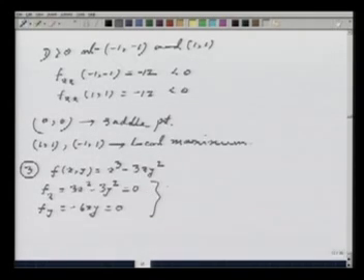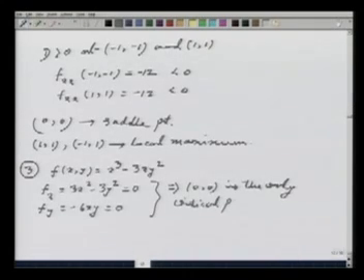So if I try to solve this, this implies the only critical point which comes here is 0, 0. Now I have to see the behavior of the critical point 0, 0.